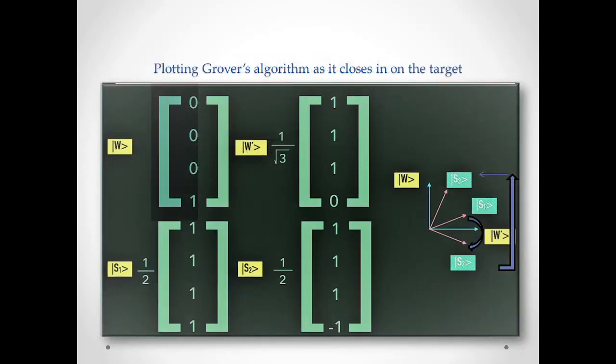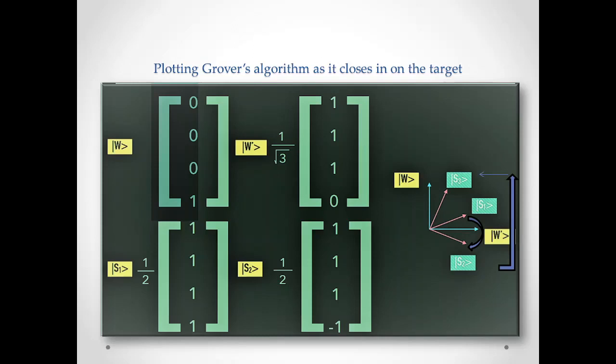So this is the geometrical interpretation. Let's think about our winning state as W and our superposition state as S. Our winning state is represented as ket W, 0 0 0 1, and our superposition state as ket S1, which is 1 1 1 1 with normalization factor 1 by 2.